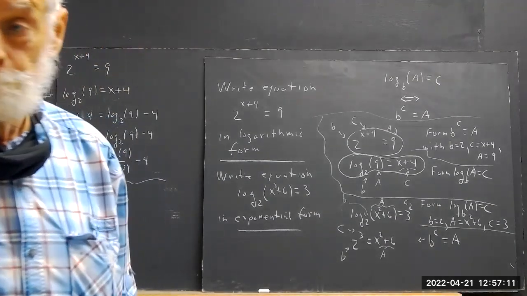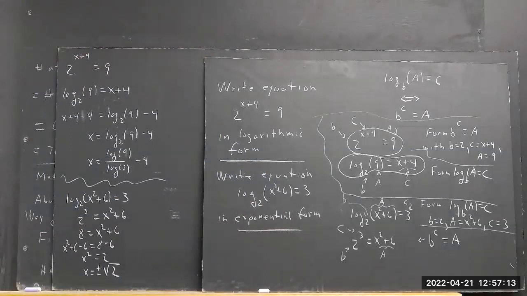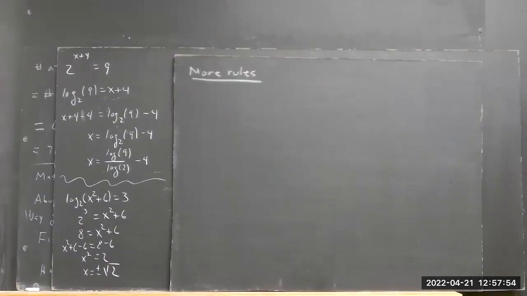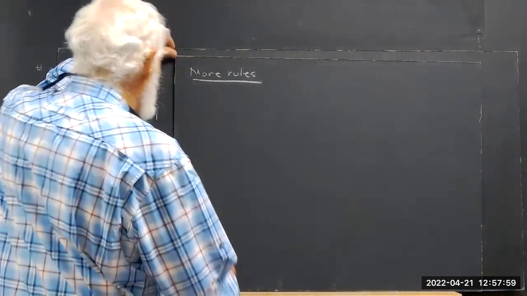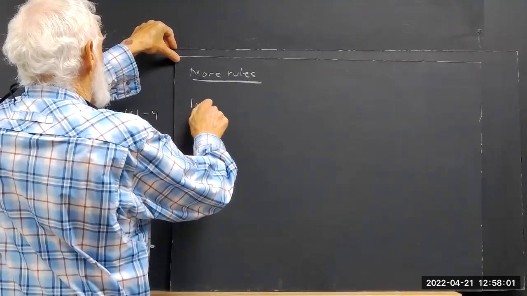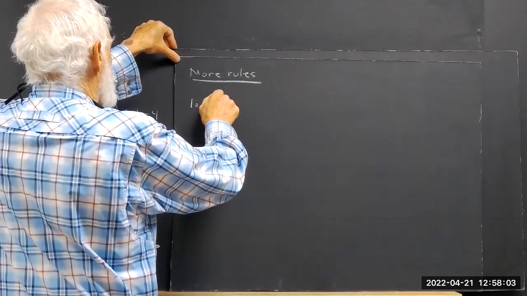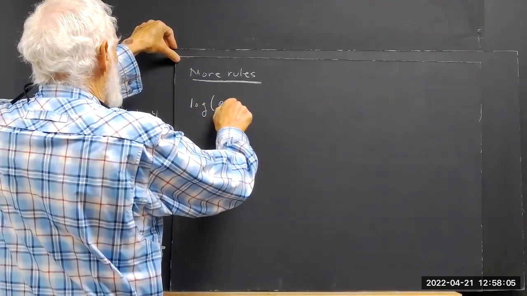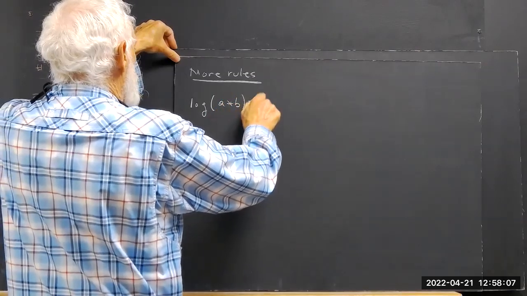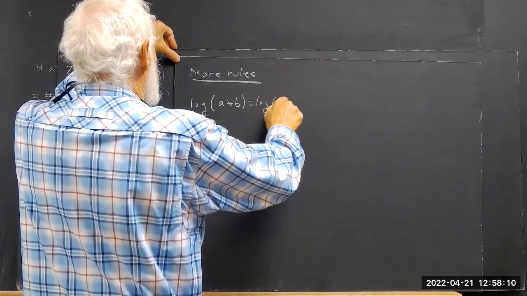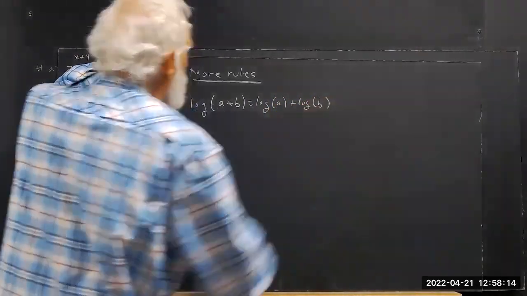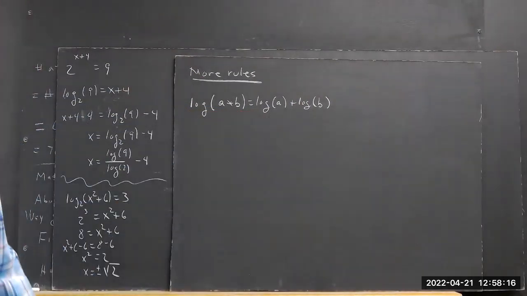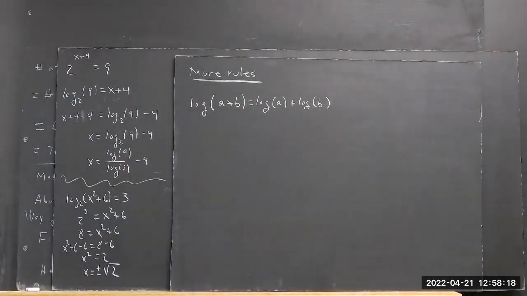Okay, so, more rules. Log of A times B is the log of A plus the log of B.